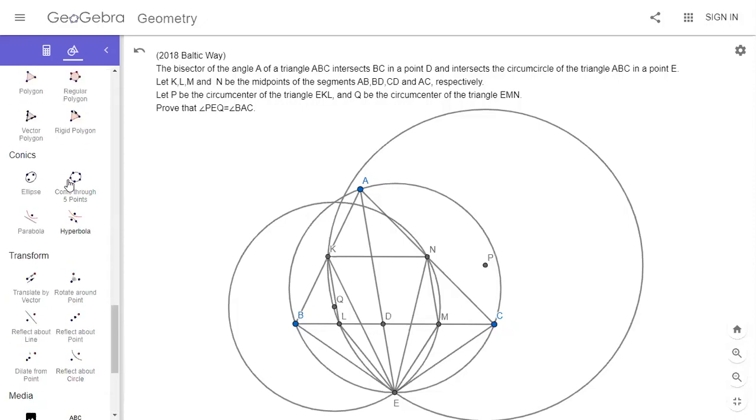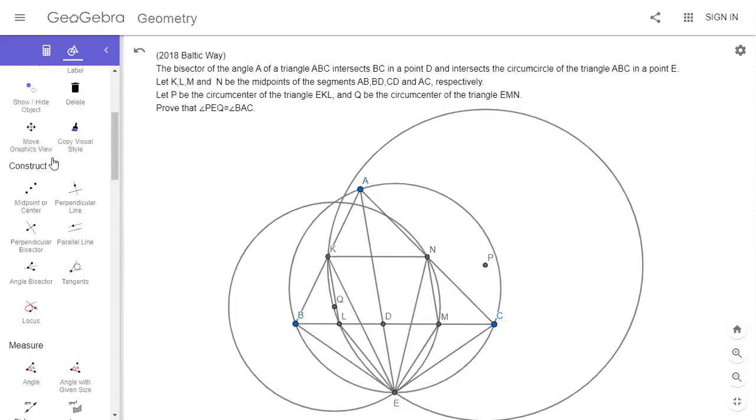Is that true? PEC is 20, QEB is 20. Yes. So it's basically equivalent to proving that.